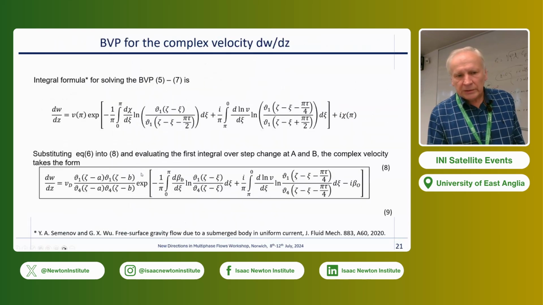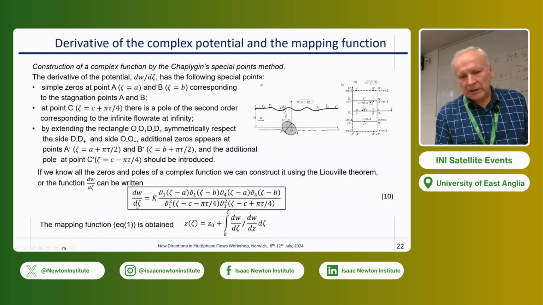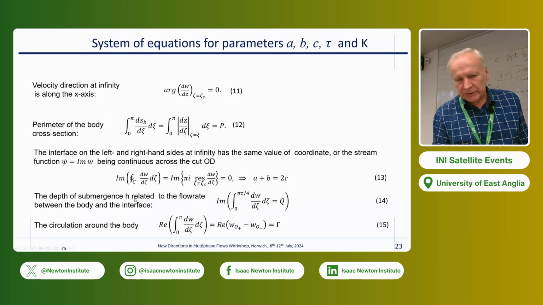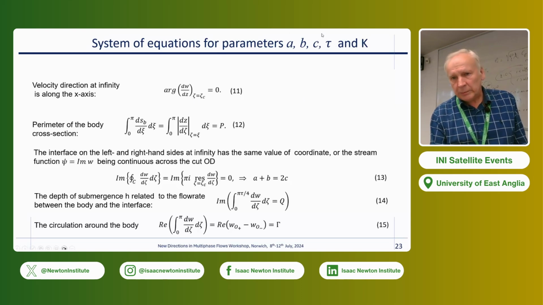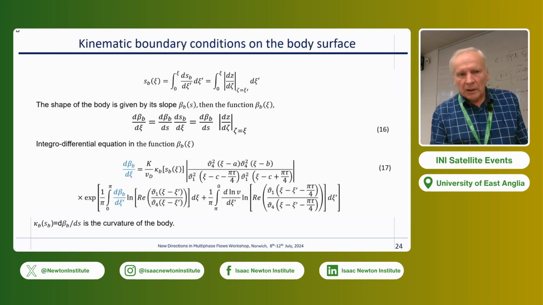Then, for the complex velocity, applying the Chaplygin method, we can obtain the derivative of the complex potential, and we have unknown parameters a, b, c, tau, and k, for the determination of which we have the same number of conditions. Kinematic conditions determine, again, the shape: the function d beta d xi is obtained from the given function determining the shape of the body.